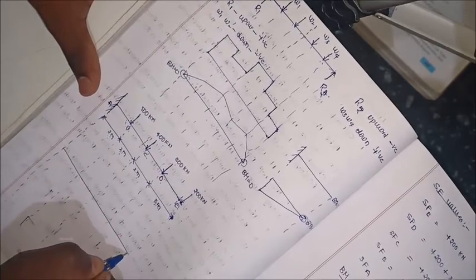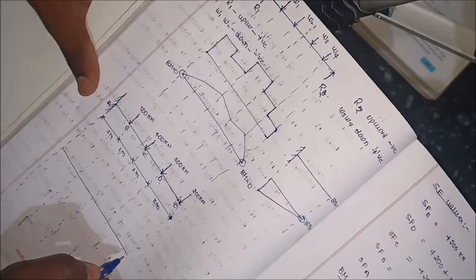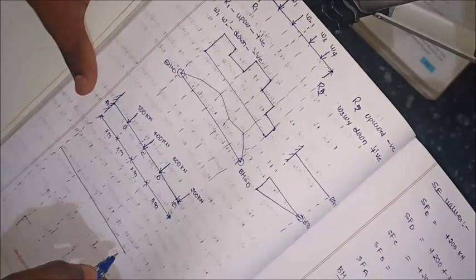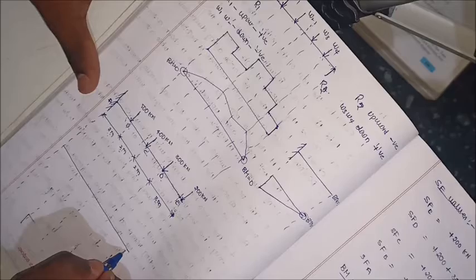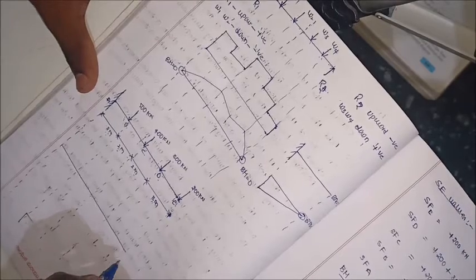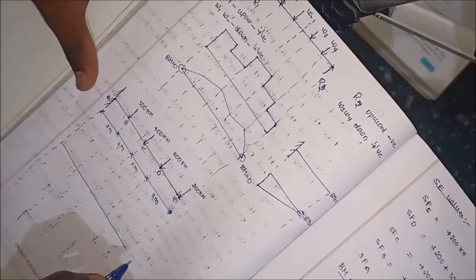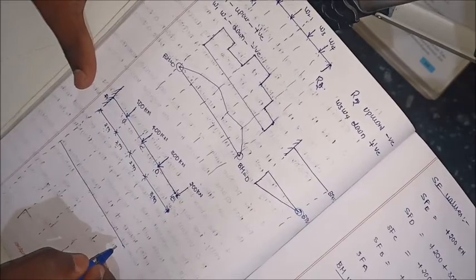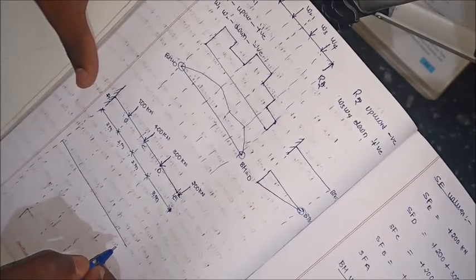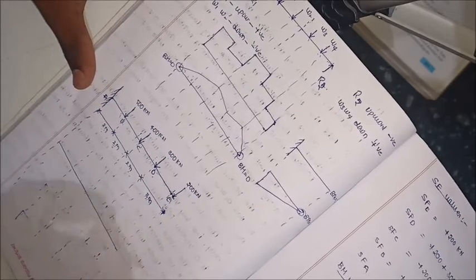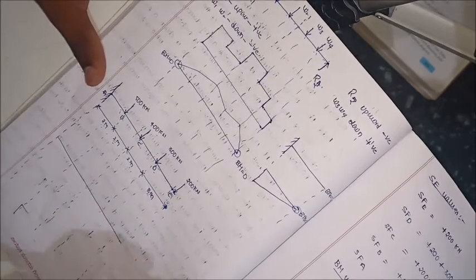On this baseline, the shear force and bending moment values are 0. For the shear force diagram, the values on this baseline are 0. For the bending moment diagram, the values on this baseline are 0.